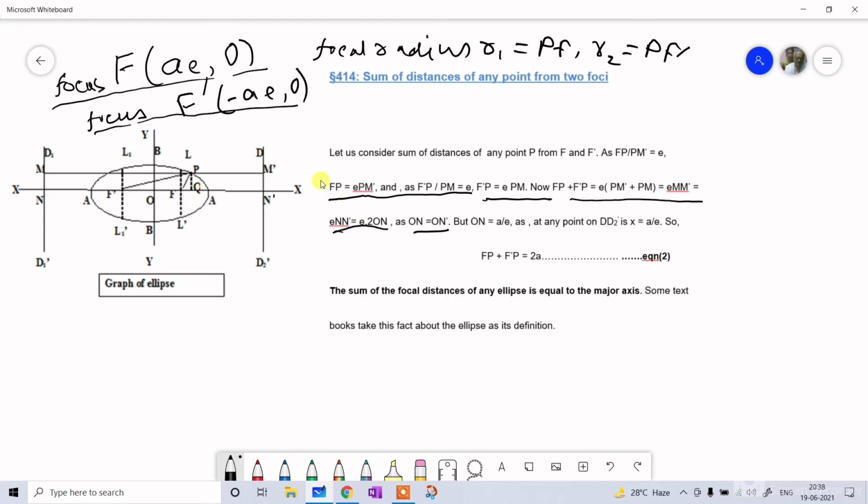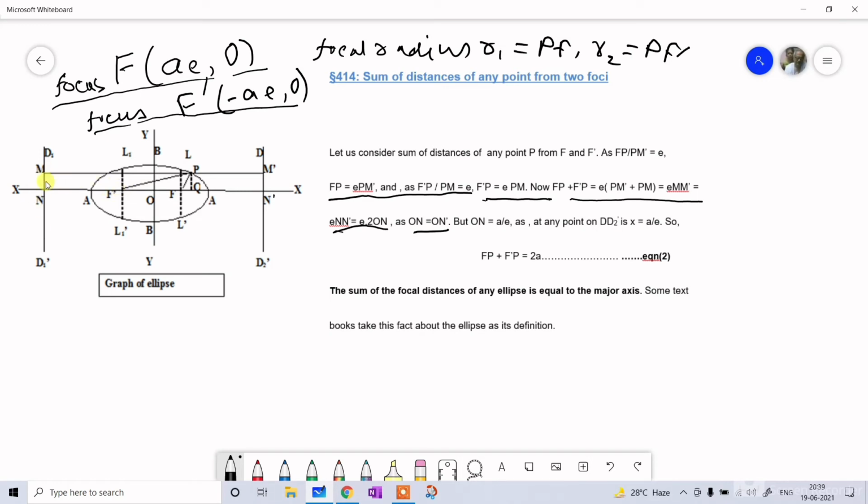We showed that the ellipse has a focus at the point F, whose coordinates are (ae, 0), and directrix M'N' corresponds to this focus F. The second focus F', whose coordinates are (minus ae, 0), has the second directrix MN.